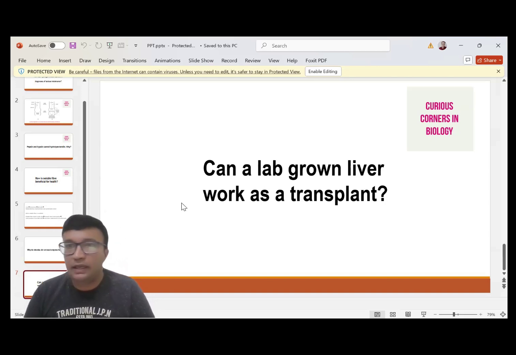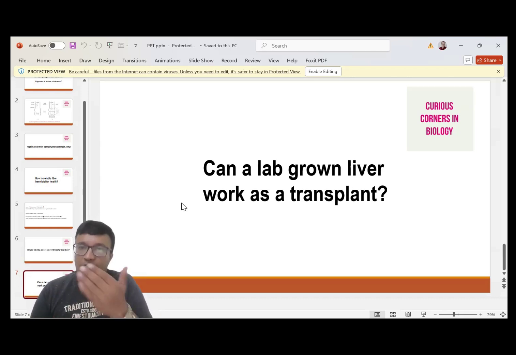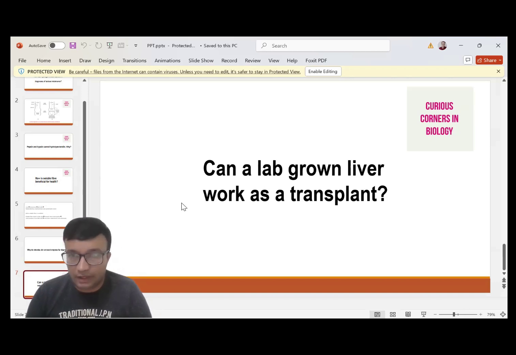They were transplanted into rats, and it was understood that these organoids can be used to test medicines. They were also used to treat a damaged liver. A damaged liver, a liver which had fibrosis, can be made more functional because the organoids which have been transplanted would take up the function of the damaged liver.